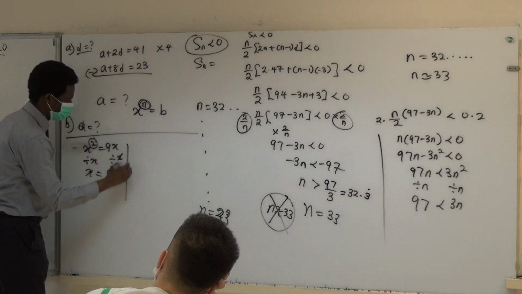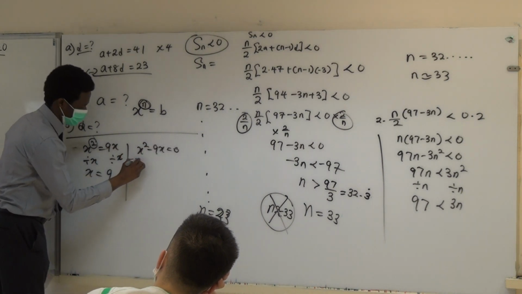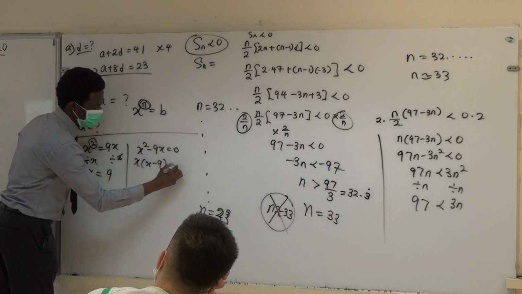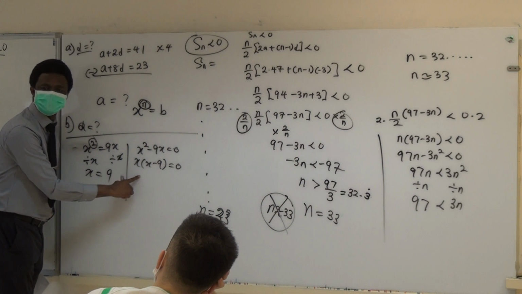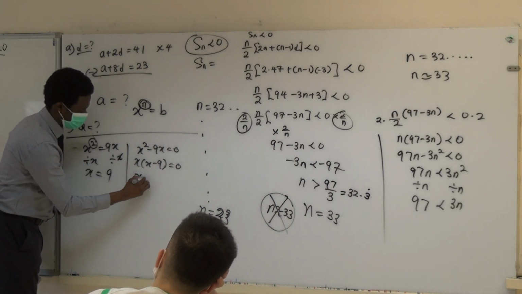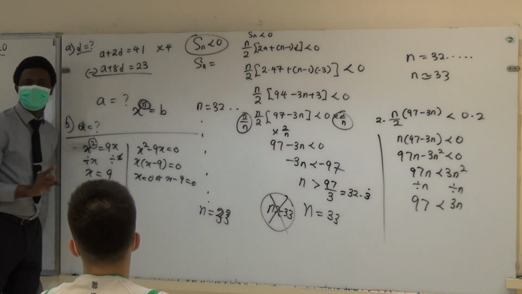What you should do is to say x squared minus 9x equals 0. Then you factorize. Then you consider the fact that if the product of 2 terms is 0, either the first one is 0 or the second one is 0. And that's how Candy got 0 and 9.